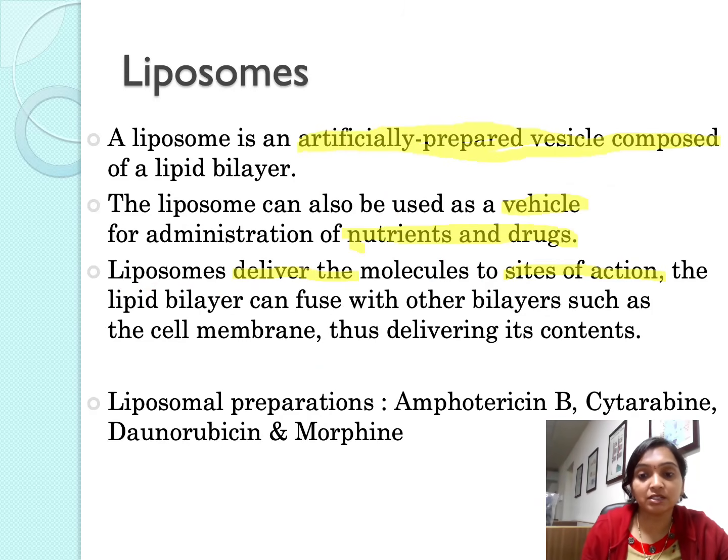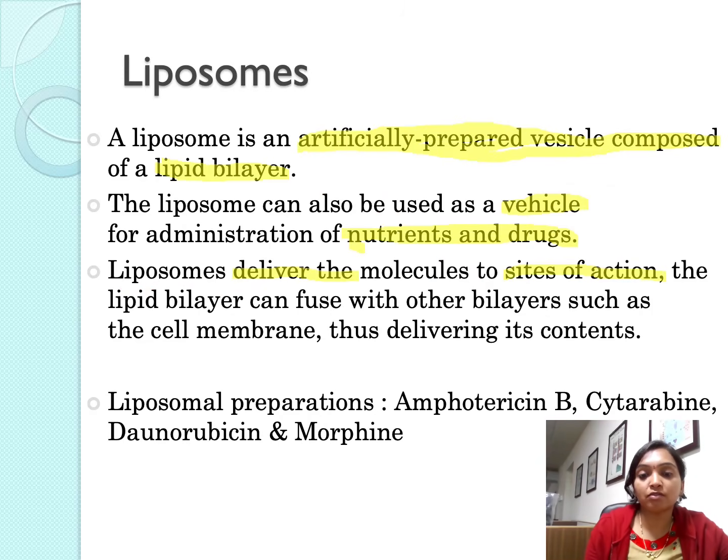Okay, that is important, site specific delivery, because they are made up of lipid bilayer. So this will diffuse through the cell membrane and thus help deliver the contents present in the liposomes to the appropriate site.